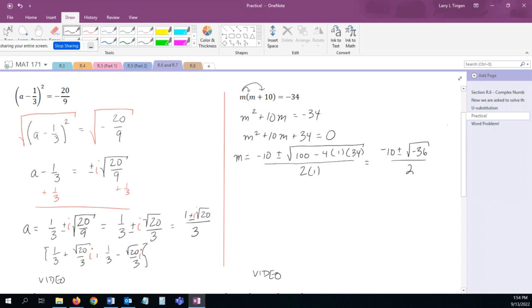And that works out so beautifully because the square root of the negative means I have an i to bring out. And then the square root of 36 is 6. So that is plus or minus 6i over 2, which I can split up.